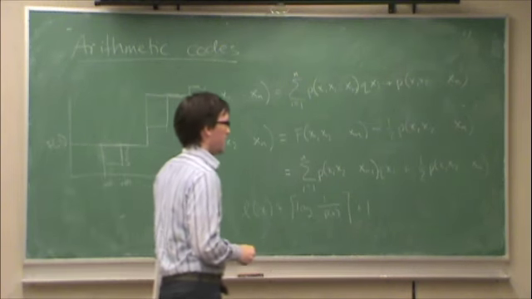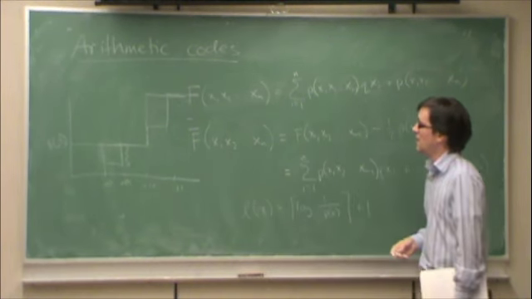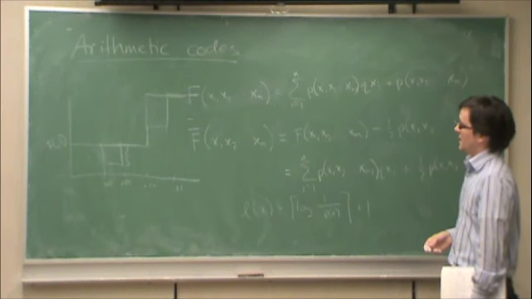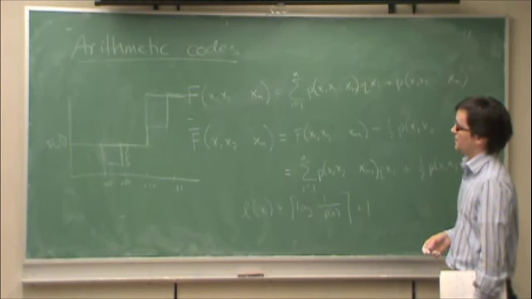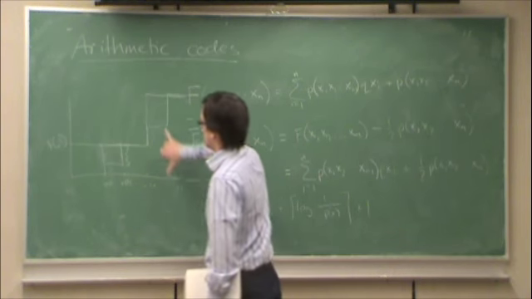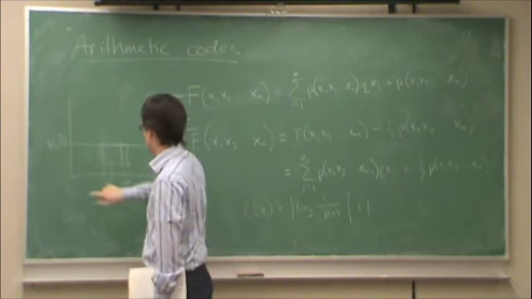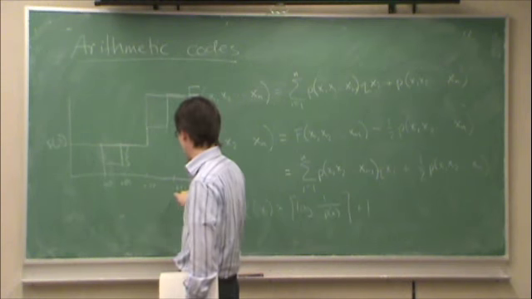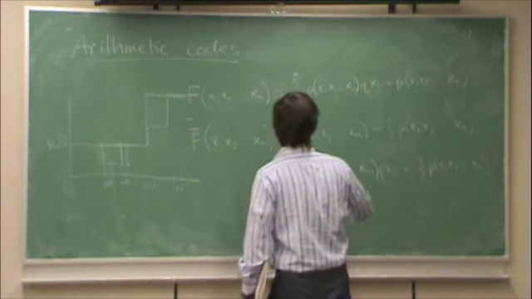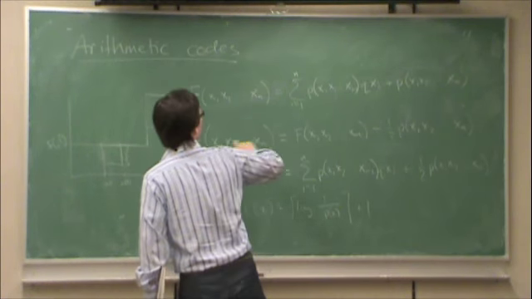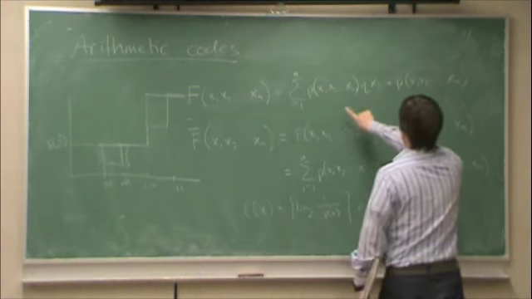So in other words, the interval of probability where all of the sequences start with the first digit 1 is there. Now, F of x is this.